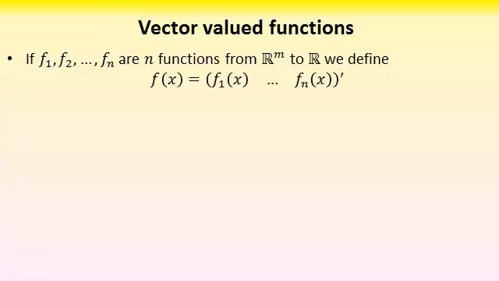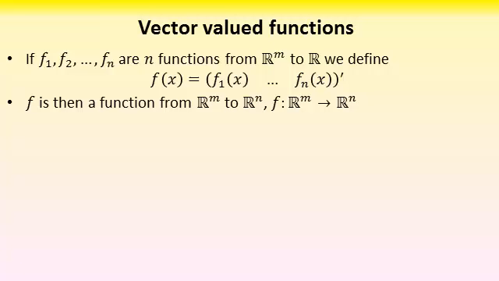So let's stack these n numbers returned by these functions into an n by 1 column vector, and we call the result f of x. Well, starting with m numbers x1 through xm, I feed these m numbers into my n functions, and these n functions will return n numbers.